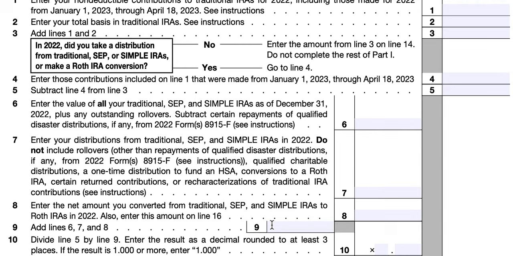Basically, they're trying to help you calculate for pro rata rule purposes. Given the previous example, if you go through the math on all of this, you would end up with somewhere around 50% as the result for an account that previously had 50% pre-tax and 50% post-tax contributions.